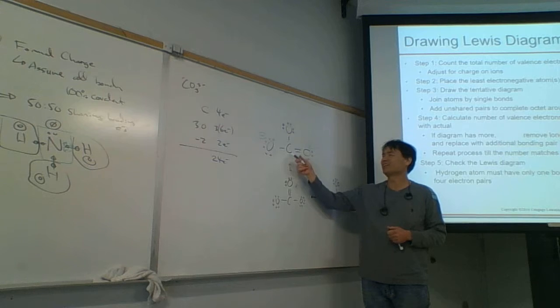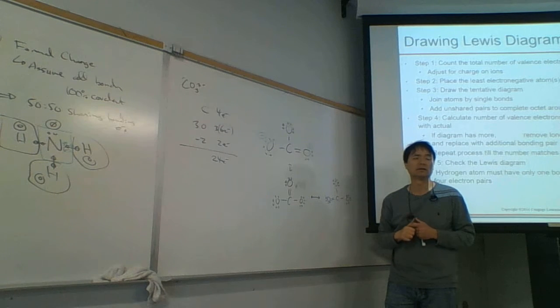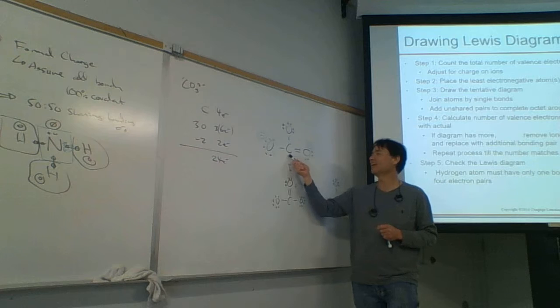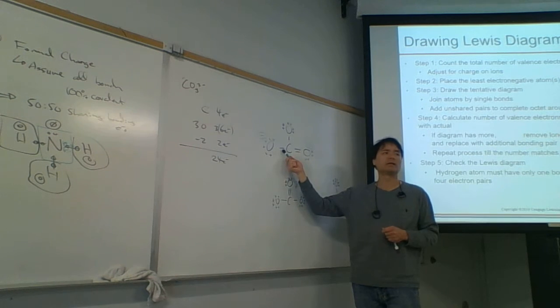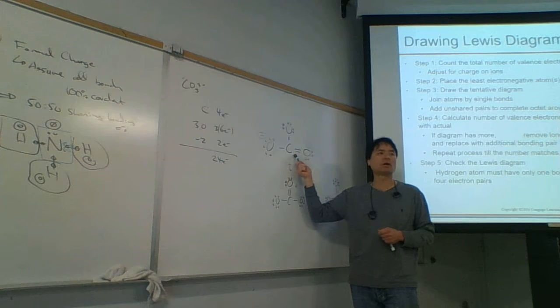Now, how about this carbon? This carbon, we're going to do a 50-50 split. So from this bond, it's going to get how many electrons? 1. From this bond, it'll get 1, and from this, 2. So 1, 1, 2 is 4.